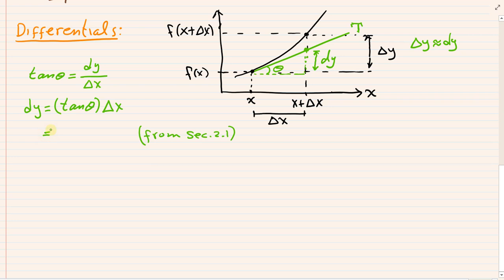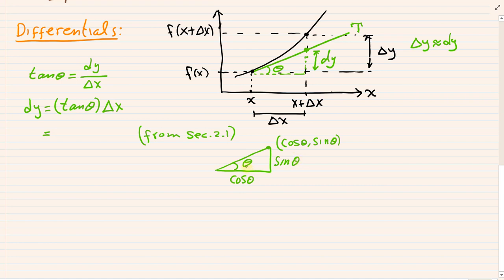So we're going to replace tangent of theta with f prime of x, because it's easy even without the section 2.1 reference. This is theta, the rise over run. The coordinates of this point, in terms of the unit circle, are cosine theta, sine theta.